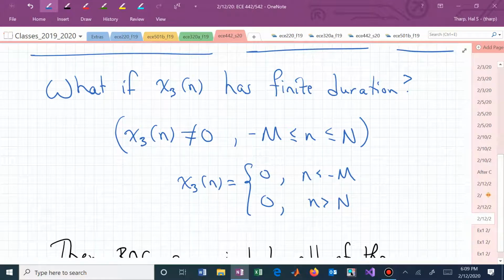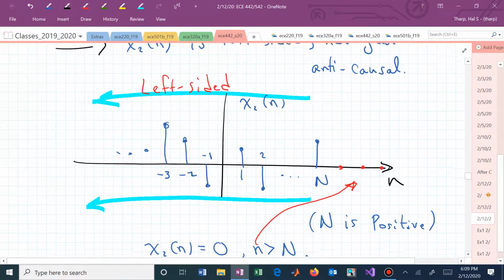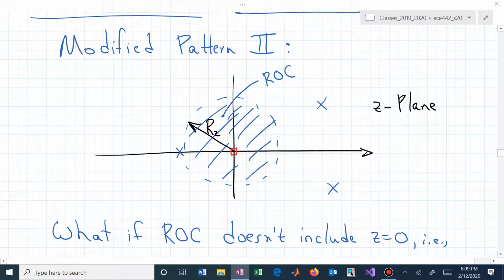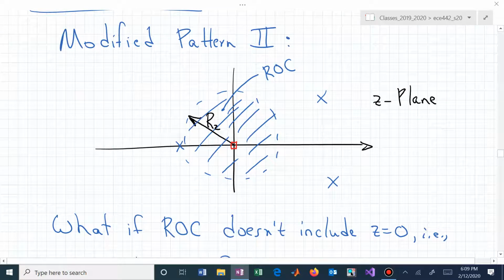Yes, question? So is modified pattern 2 bounded still? What do you mean by bounded? So the disk is bounded. The disk is now bounded by the smallest pole in our z-plane. We have all of these poles.